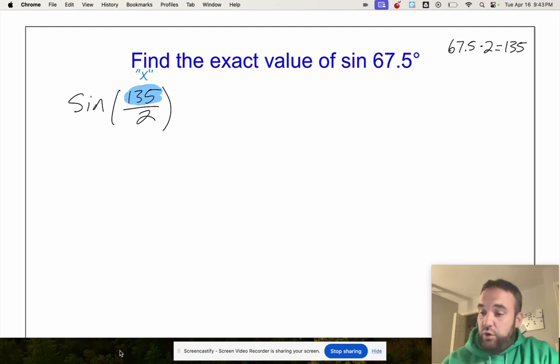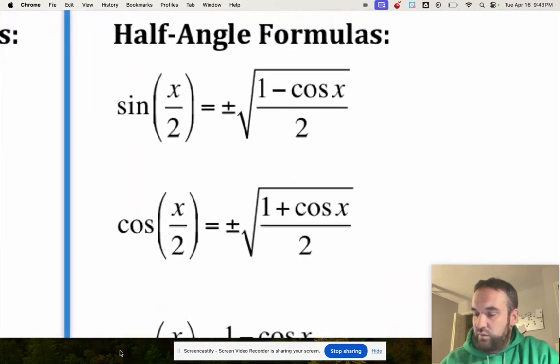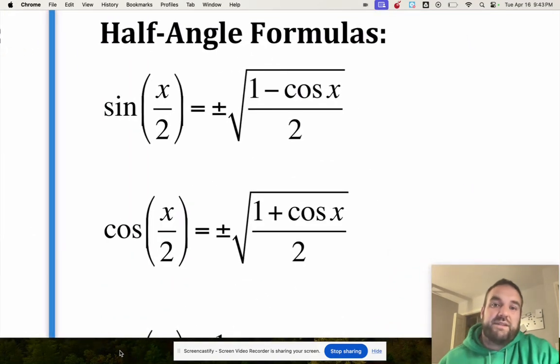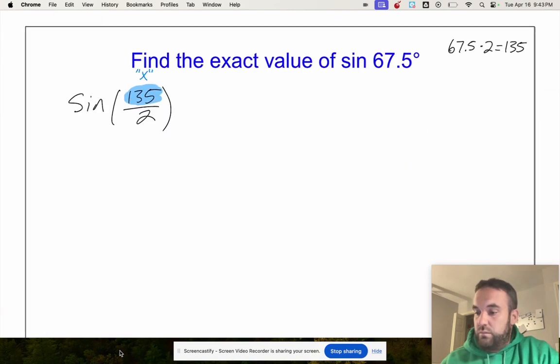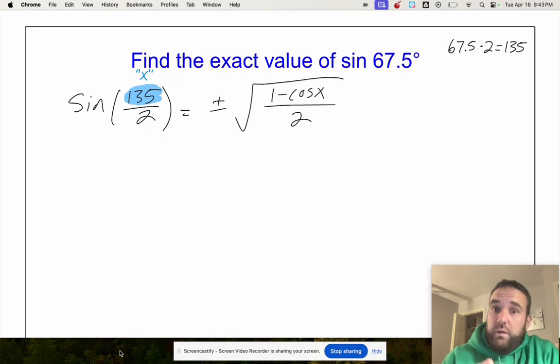Okay, and if I go to the formula sheet and look at sine of x over 2, it is plus or minus the square root of 1 minus cosine x all over 2. Now, technically the formula does need a plus or minus, okay?